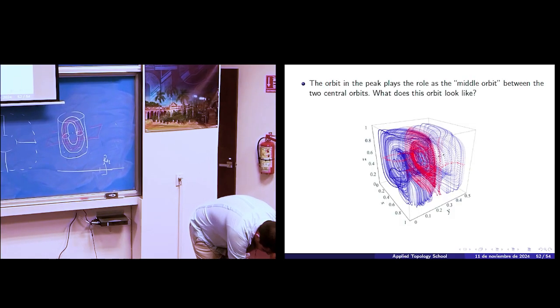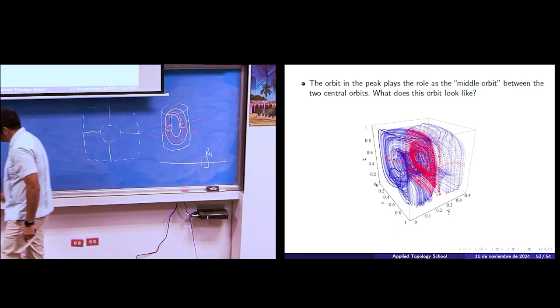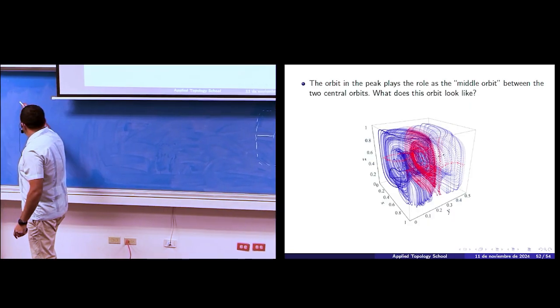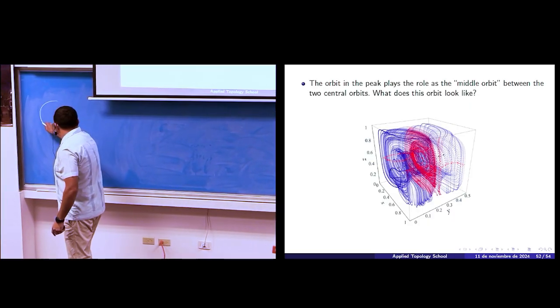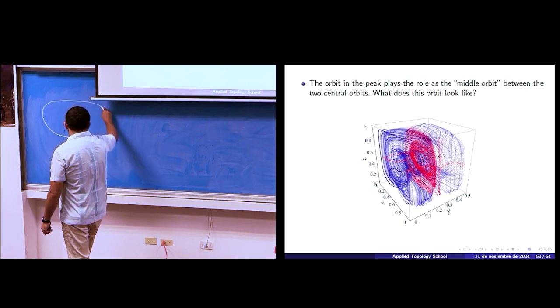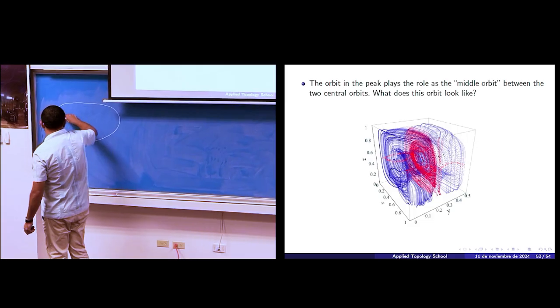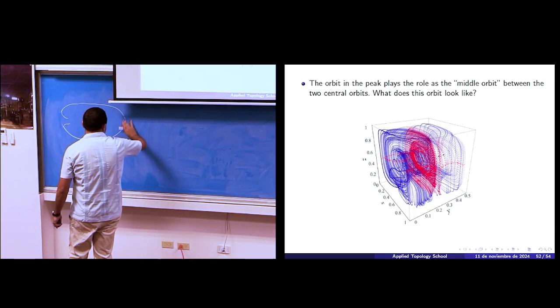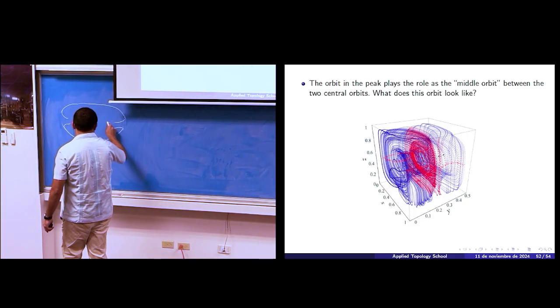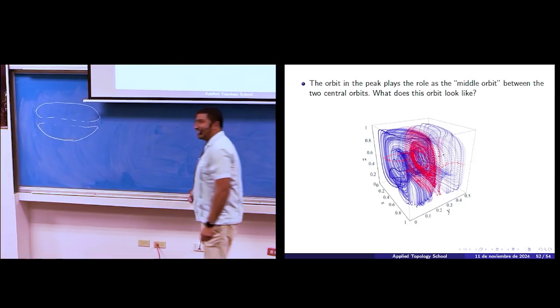This orbit, maybe it is better to make a drawing. This orbit can be obtained in the following way. Maybe I'm not so good at drawing. This is a torus, okay, that does not look like a torus.